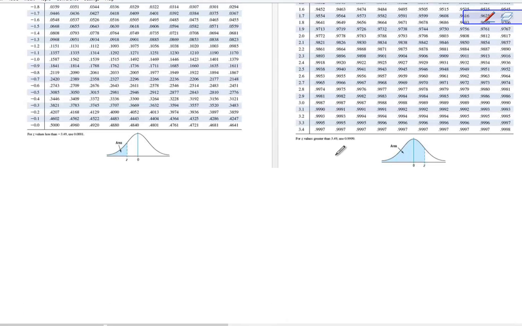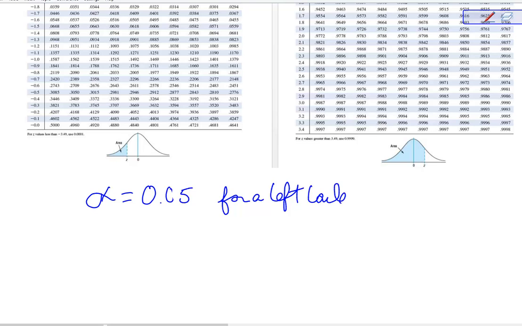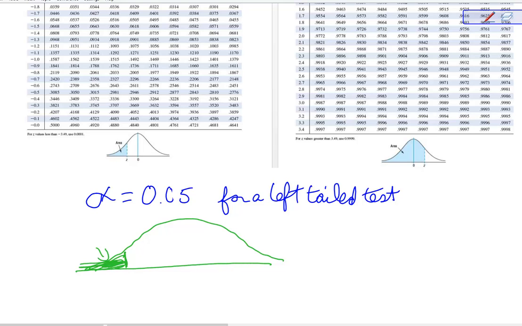So let's say that our alpha is equal to 0.05 for a left-tailed test. Okay, so that would mean that I would draw my picture and I would put 0.05 here.